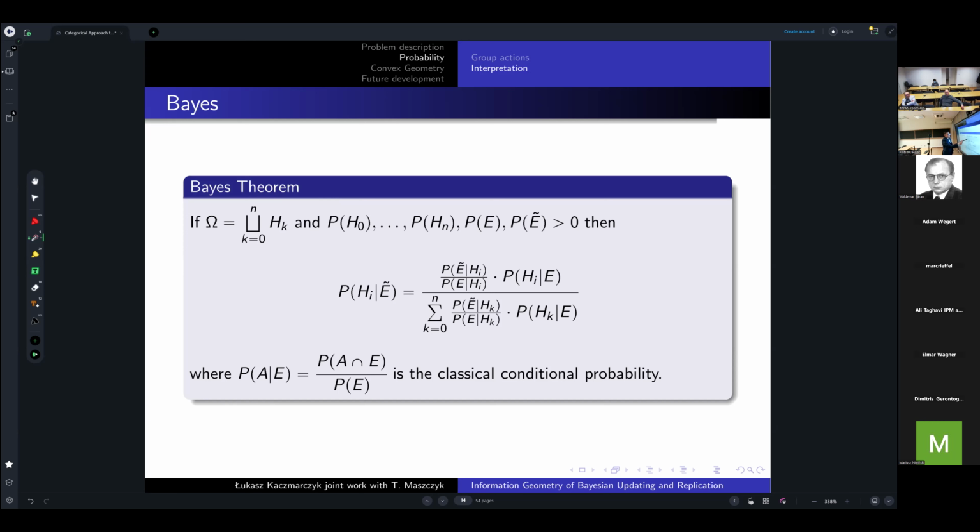To see that, we take the Bayes formula and take a look at what happens here.